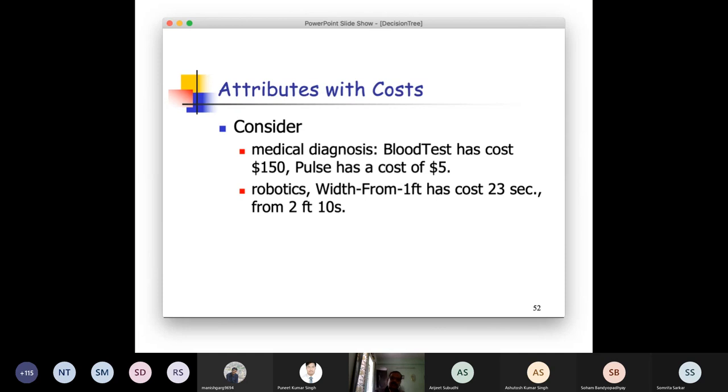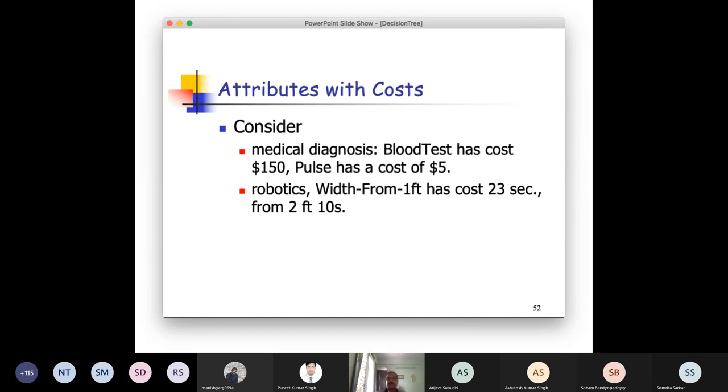Now, attributes with costs. This is another thing I mentioned: sometimes some attributes give good partitioning, having larger information gain, but they may be very costly in terms of measurements. Say you consider medical diagnosis.